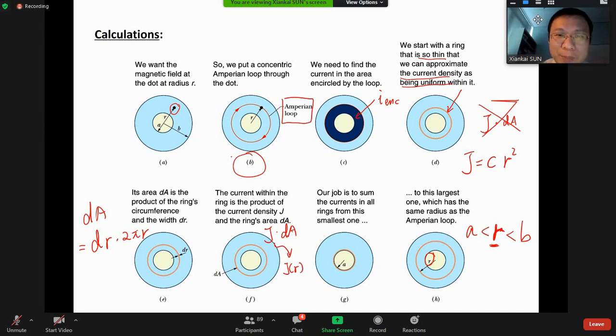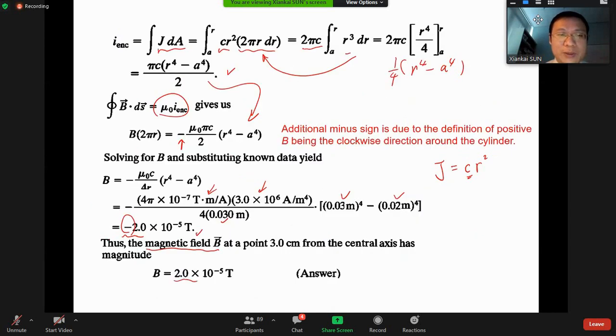Once you define the direction of the Amperian loop as clockwise, then counterclockwise will be negative. Actually, that's what you got here. You got B equal to minus 2.0 times 10 to the negative fifth power. That means B is pointing in the counterclockwise direction.